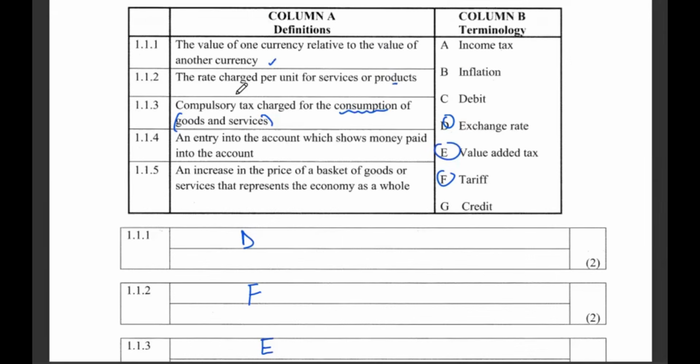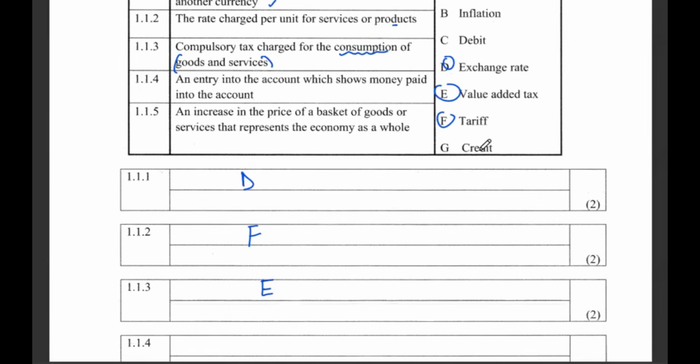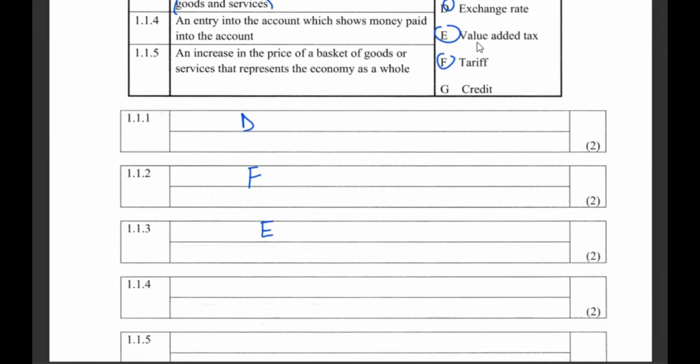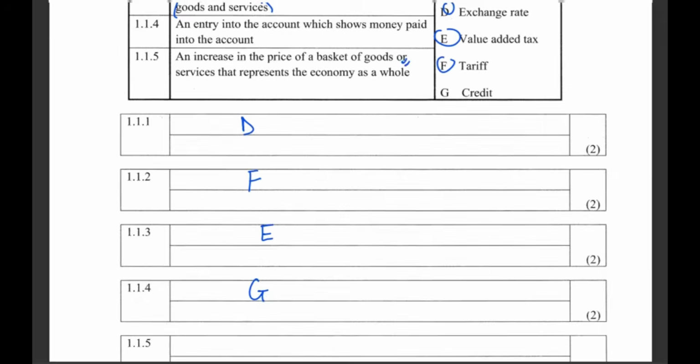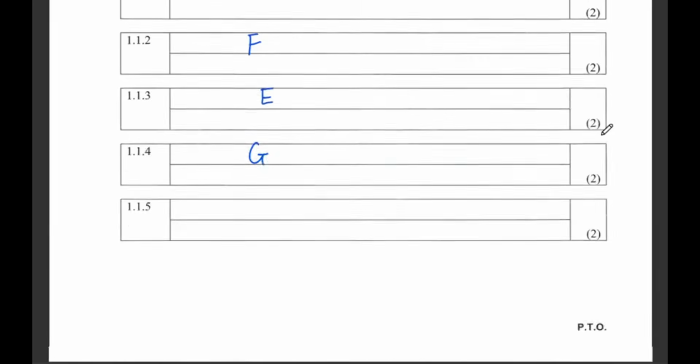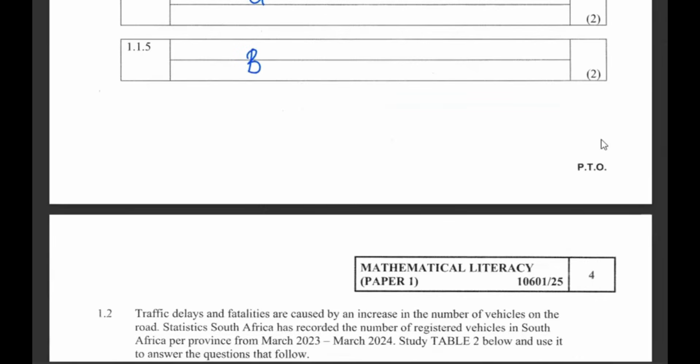So when money comes into your account, is it a debit or is it a credit? Money that enters your account will be known as a credit, so that is going to be G. And then 1.1.5, an increase in the price of a basket of goods or services, that is basically inflation, which is option B.